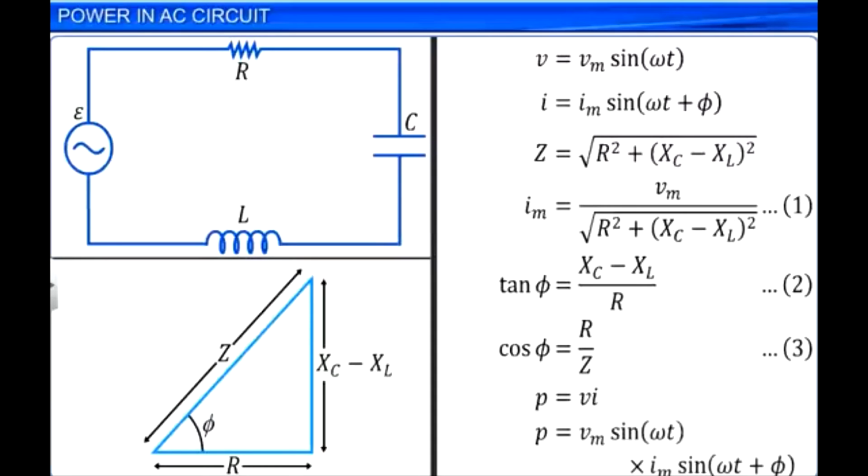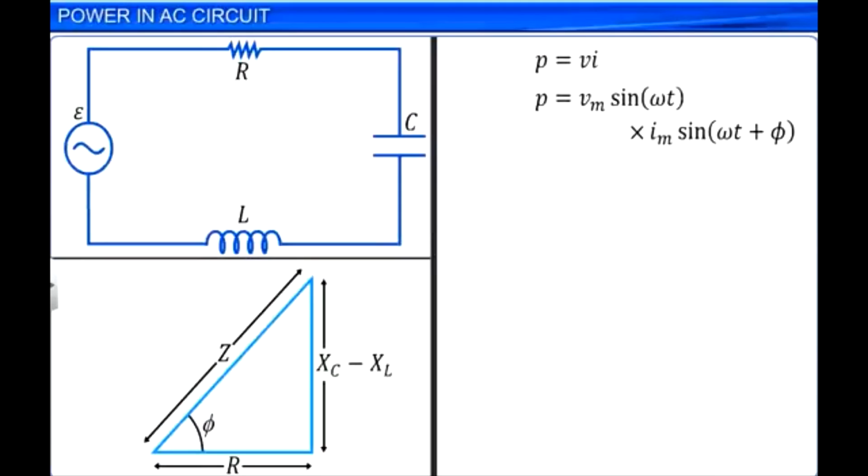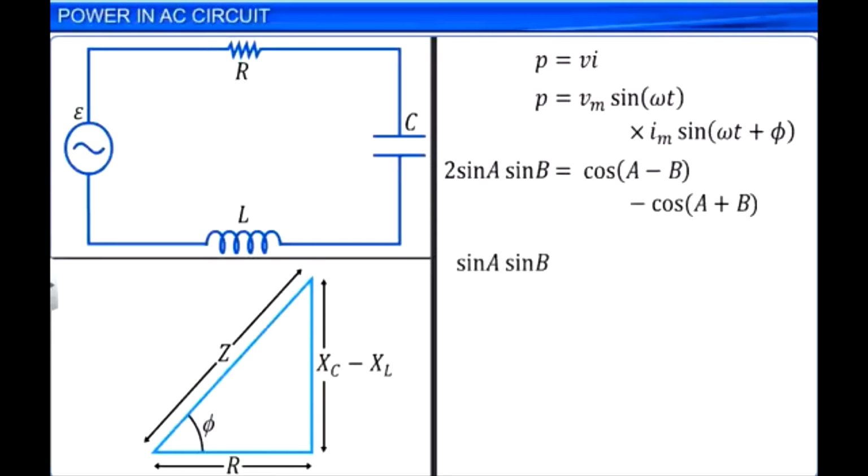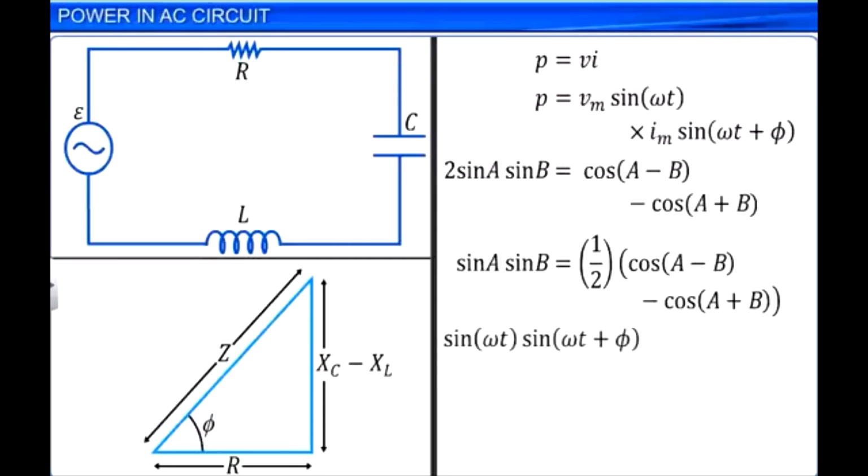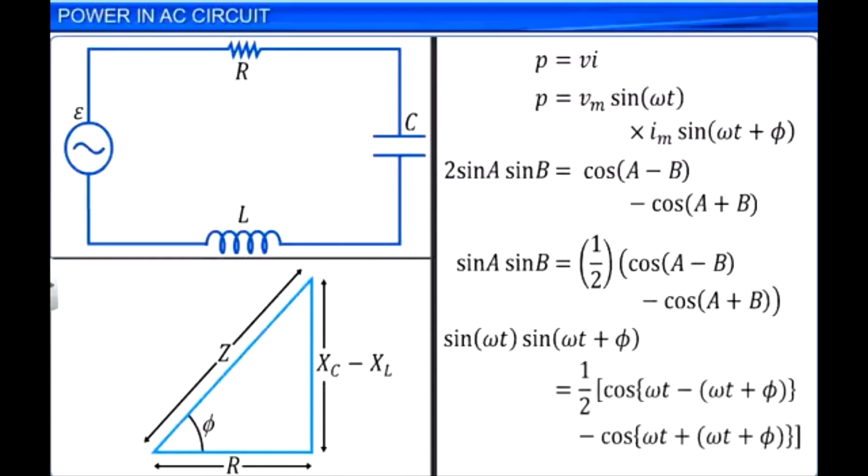Using the trigonometric identity, 2 sin A sin B is equal to cos(A minus B) minus cos(A plus B), or sin A sin B is equal to half [cos(A minus B) minus cos(A plus B)], we get sin omega t into sin(omega t plus phi) is equal to half into [cos(omega t minus omega t plus phi) minus cos(omega t plus omega t plus phi)].